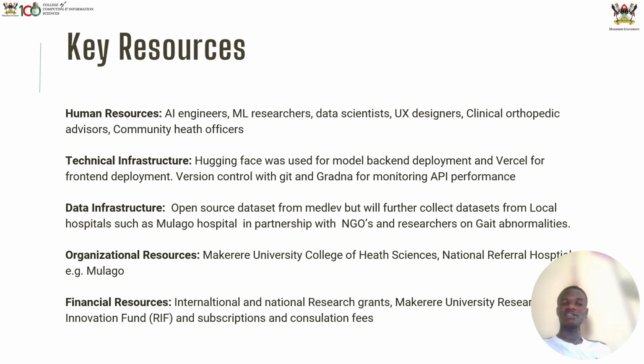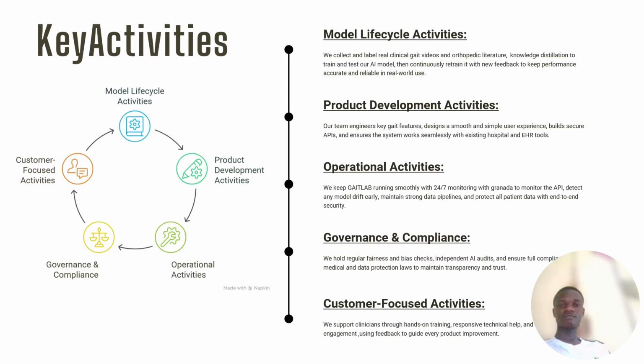And then organizational resources like the university itself, the partnered organizations, the National Referral Hospital, Mulago. Financial resources do include the national research grants, especially within and outside the country.